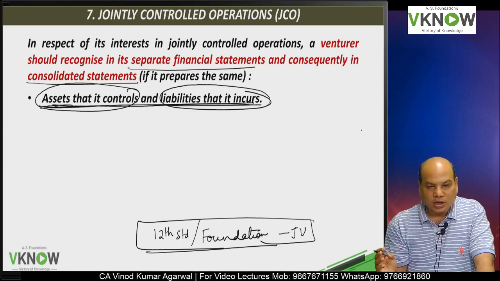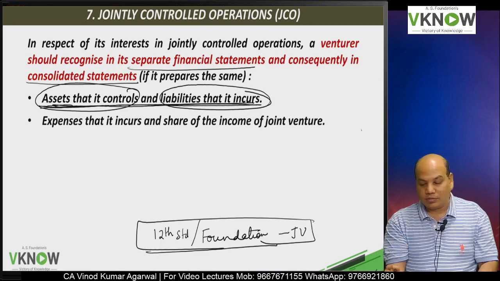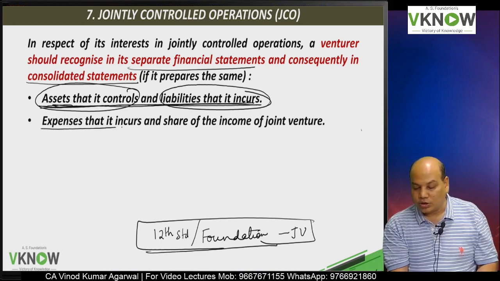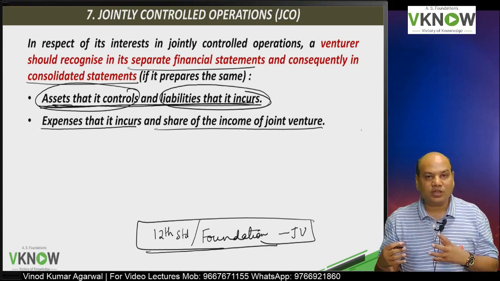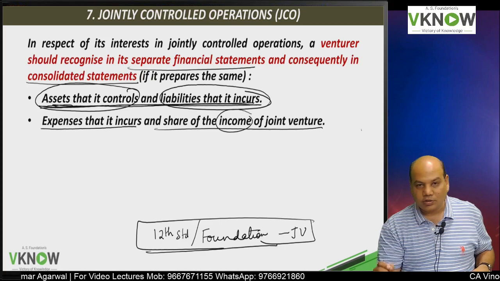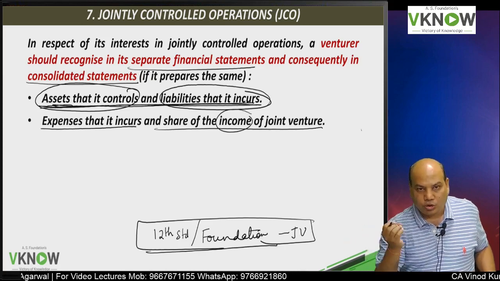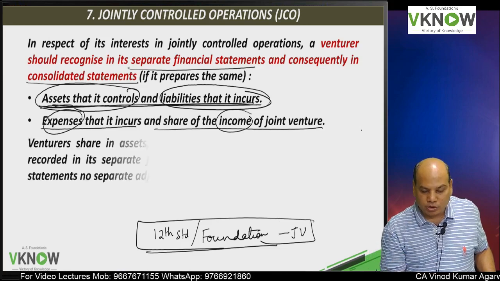So own asset and own liabilities, if you have agreed, then you will record your share of expense and your share of income. So that will be mentioned in the joint venture agreement that revenue will be shared in this proportion. So record your share of revenue. You will agree expense will be shared in this proportion.